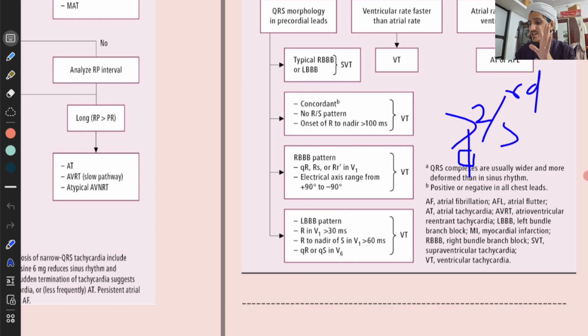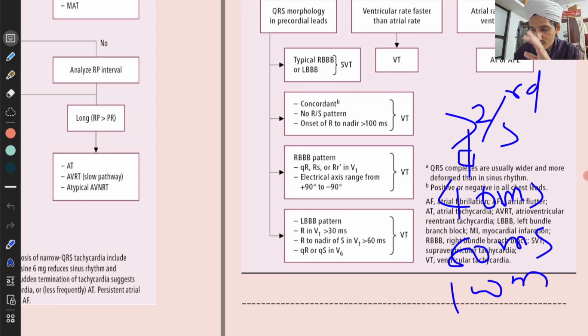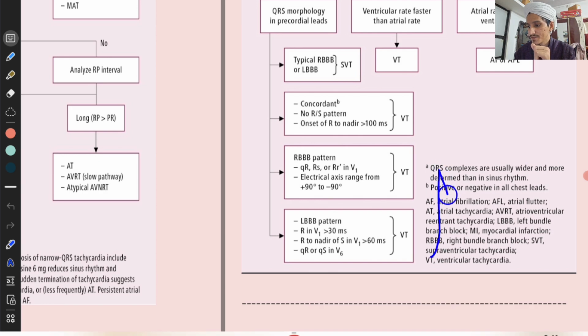Because one small square is equivalent to 40 milliseconds, 2 small squares 80 milliseconds, 2.5 small squares 100 milliseconds. That's why I am saying the R wave is more than 2/3 of one small square, or the R to nadir of S in V1 is more than 60 milliseconds. This is 1.5 small squares. So this is R and this is S.